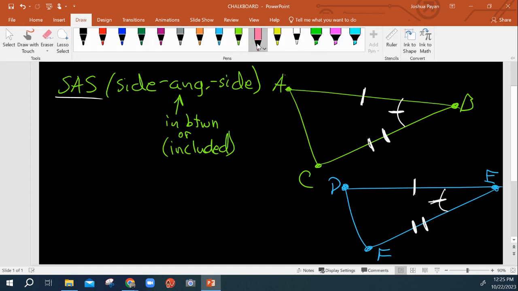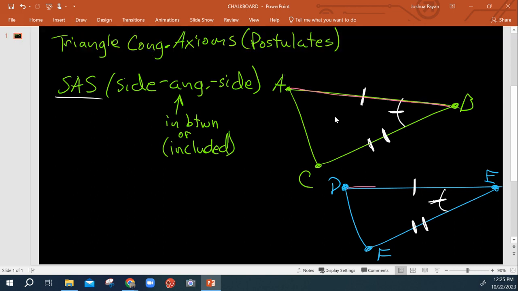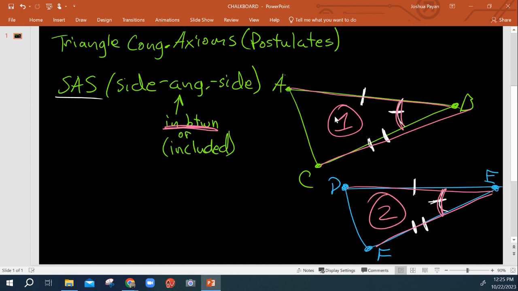So we're saying that this side is congruent, this side is congruent, and the angle in between the two congruent sides is also congruent, right? Well, then that means these two triangles are themselves congruent.